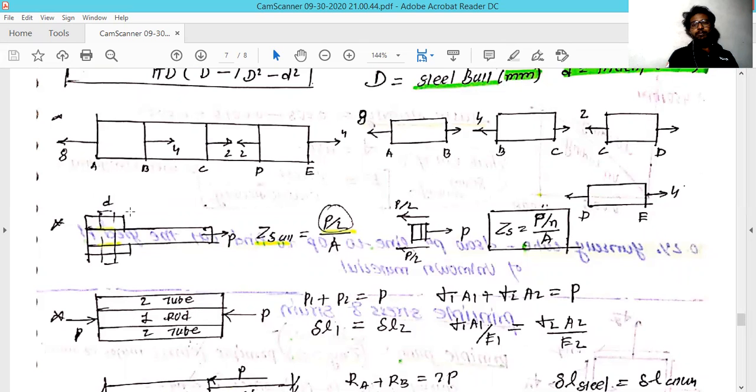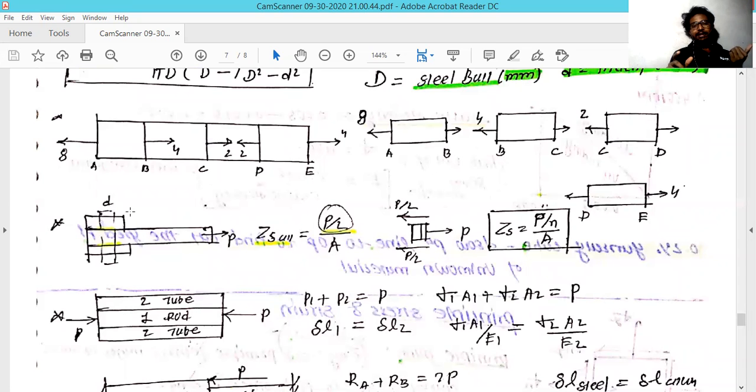Similarly, we move to the next cross section, which is CD. In the BC cross section we saw the 4 kilonewton force, in the positive direction, which is the left-hand direction.